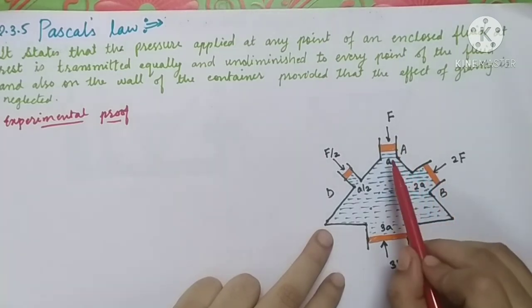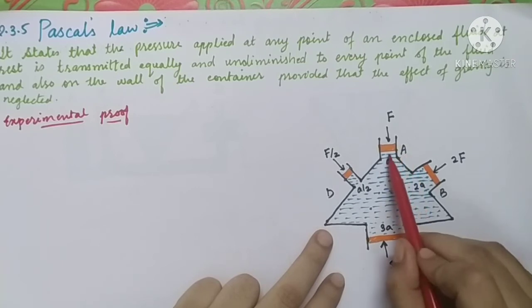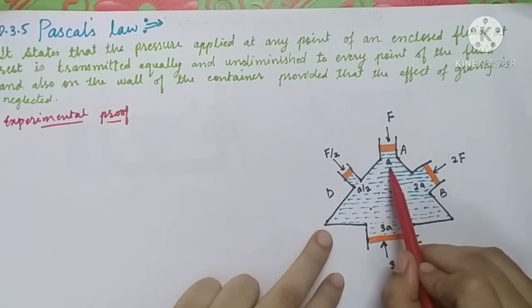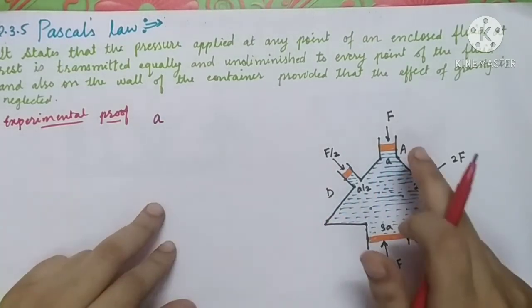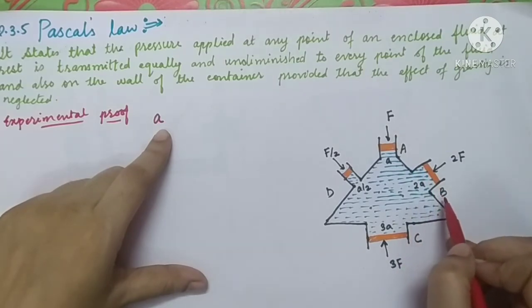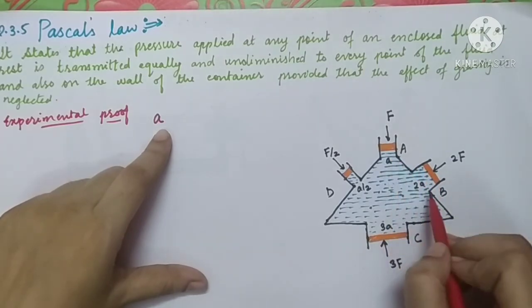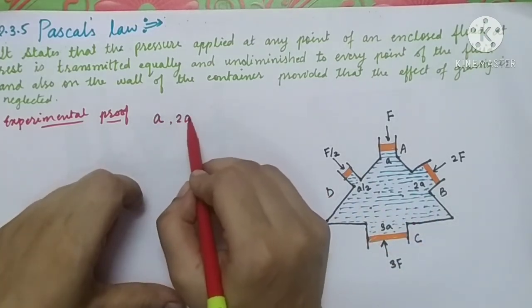Just see the area of these openings. The area of the opening A is small a. Let small a be the area of the opening A. Similarly, you can see in the diagram that opening B is greater as compared to A, so let's say it is 2A.